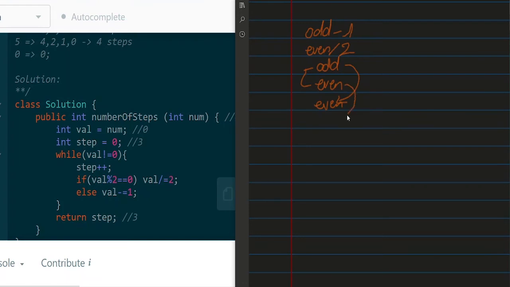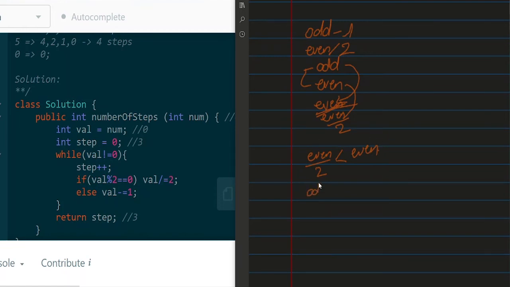If we divide an even number in half, the result would be smaller than the even number, if you know what I mean, right?